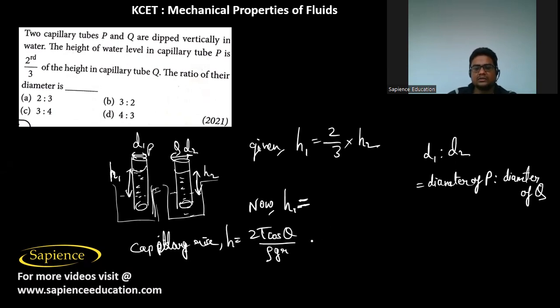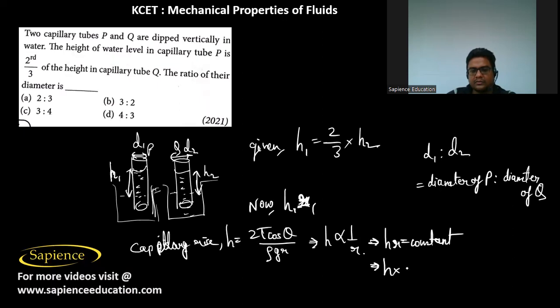So all these are constants, then we can say h is inversely proportional to r. Therefore h into r, or I can say diameter also, is constant. It means height into diameter will be constant. Ratio of their diameters has been asked, so H1 D1 will be equal to H2 D2.